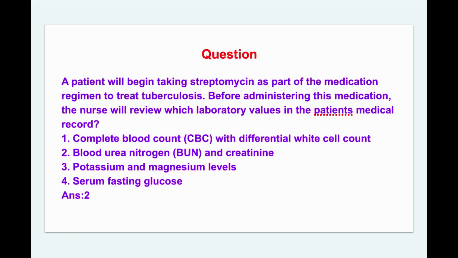As we discussed, BUN is 8 to 20 and creatinine is 0.6 to 1.2. If creatinine is more than 1.2 and BUN is more than 20, it can harm the kidneys. That's why we need to monitor the patient's renal function tests.